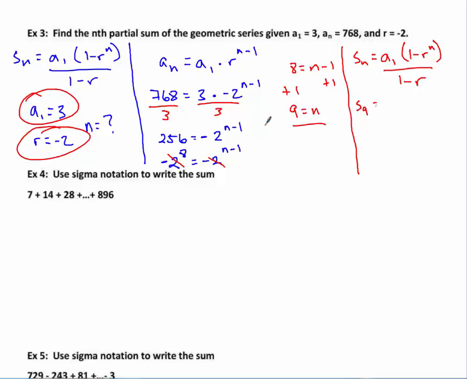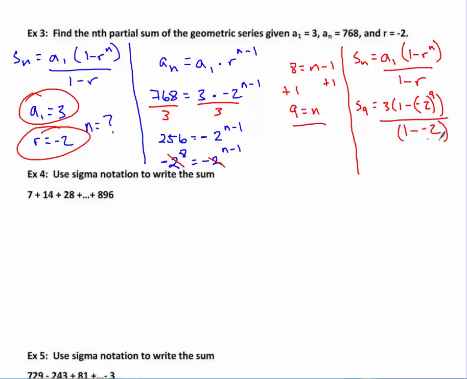So S sub 9 equals 3 times 1 minus negative 2 to the 9th, remember, this is negative 2 to the 9th, divided by 1 minus negative 2. So it's very important that you get your negatives and your exponents and your parentheses right. So again, put all that in your calculator, nice and careful, parentheses, everything right.